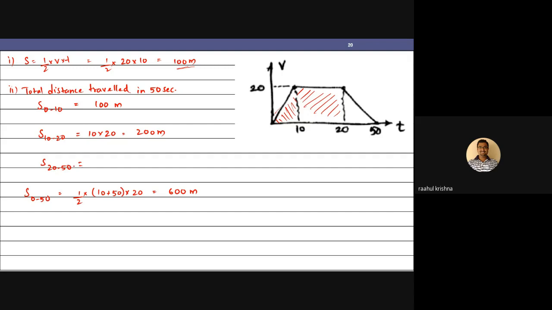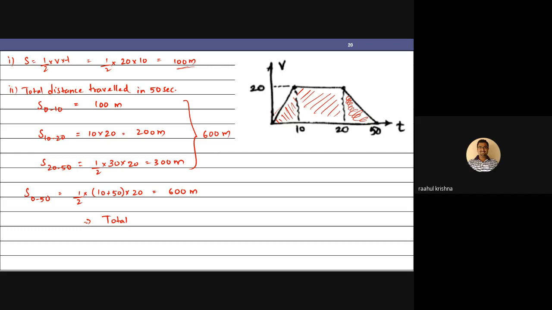Thirdly, between 20 and 50, it will be this region, so half into 50 minus 20, that is 30, multiplied by 20. That comes out to be 300 meters. Now the sum of all the three comes out to be 600 meters. So it is the same.